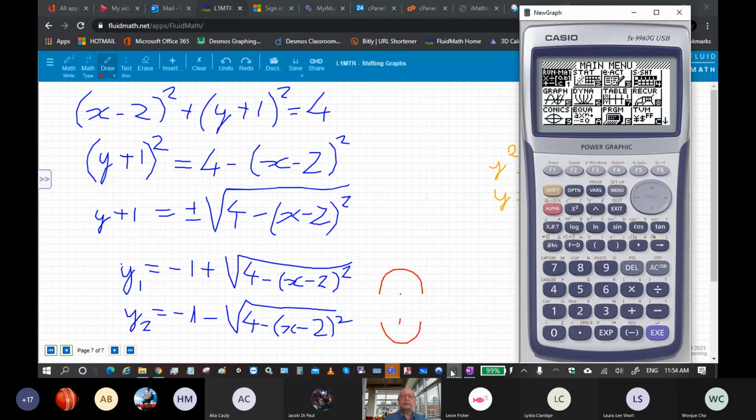So let's enter those into our graphics calculator. And I've got negative 1 plus square root. When you enter something into a whole expression under a square root sign, you need to open brackets. Otherwise, the square root will just apply to the 4.